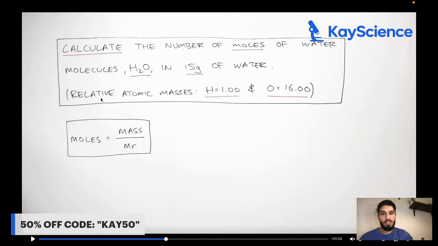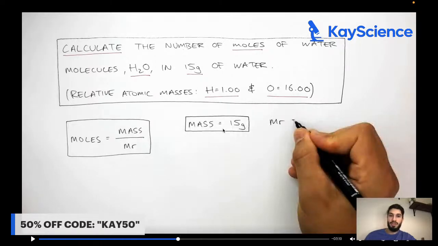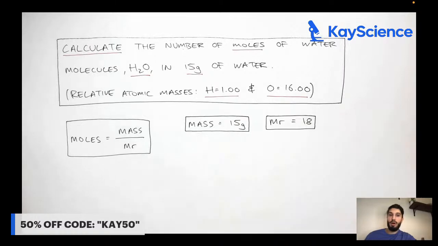We've been given the relative atomic masses of hydrogen being 1 and oxygen being 16. So MR means relative formula mass, which is the relative formula mass of water. So we do moles equals mass divided by MR. We know the mass is 15 grams and the MR is 18.